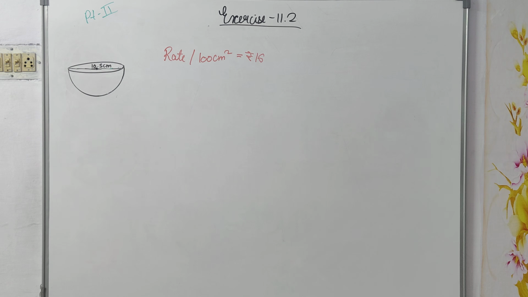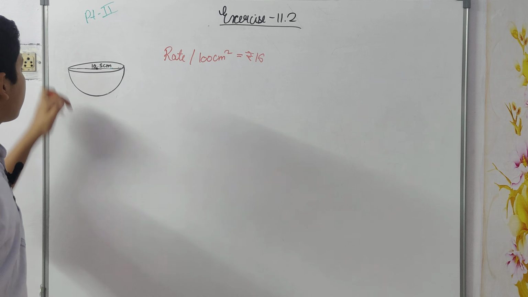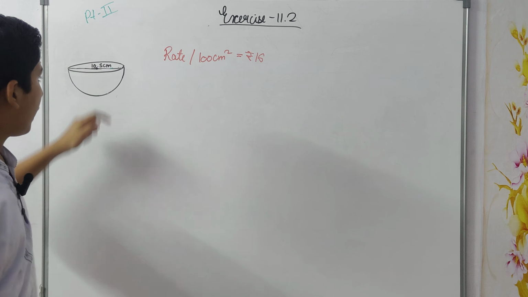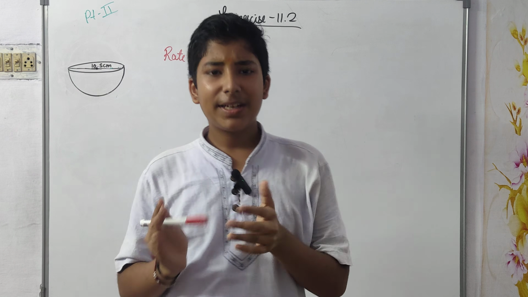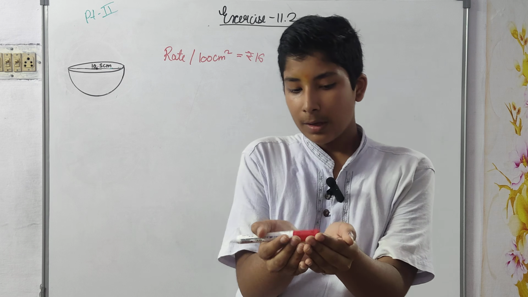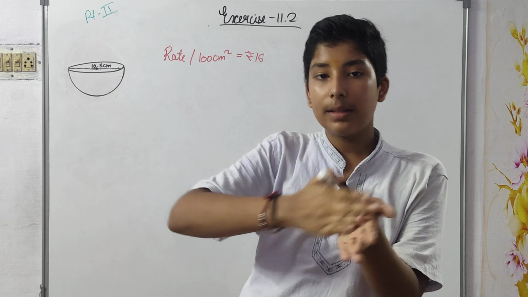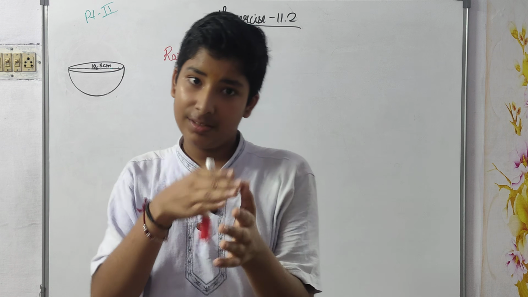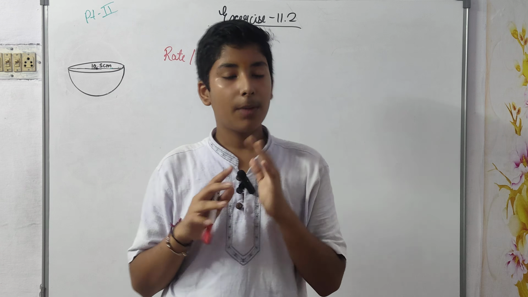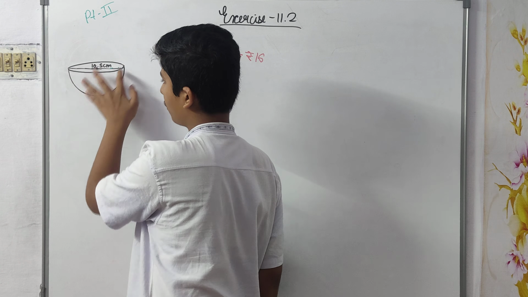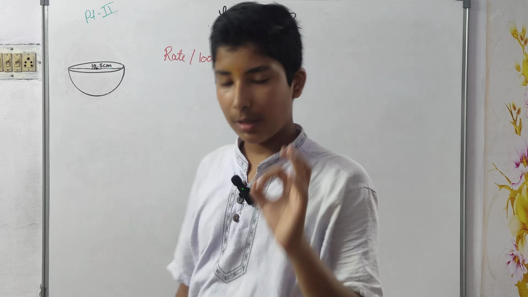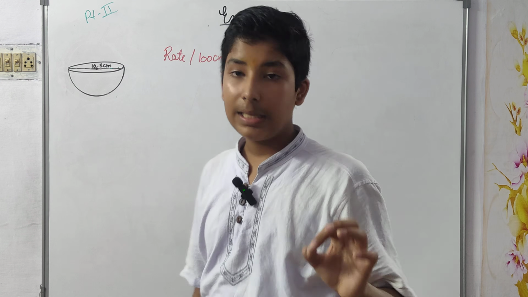Okay, so now it is given that in this spherical bowl we have to tin plate inside. So what do you mean by tin plating? Like there is a bowl, we have to apply a layer of tin inside the hemispherical bowl. So if we are applying it, we'll have to basically find out the curved surface area. Clear?